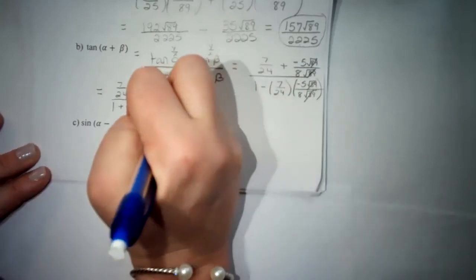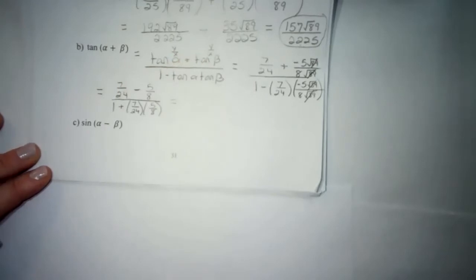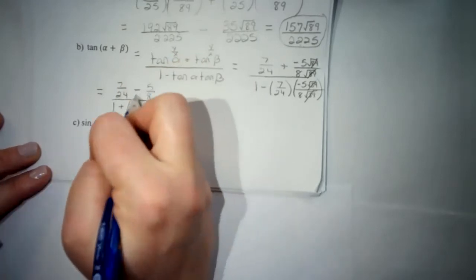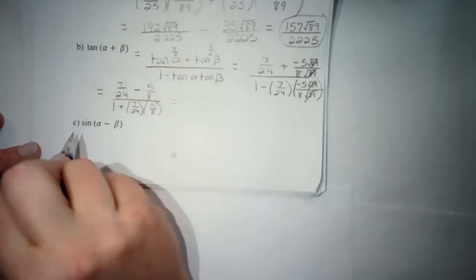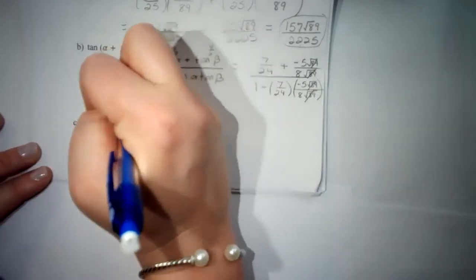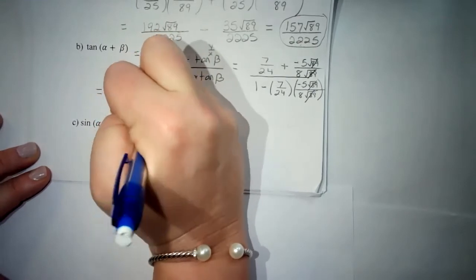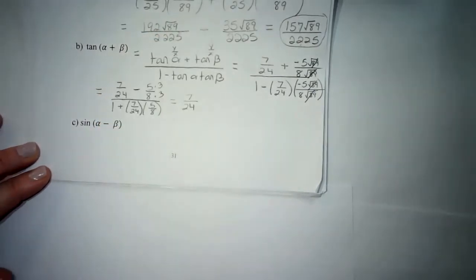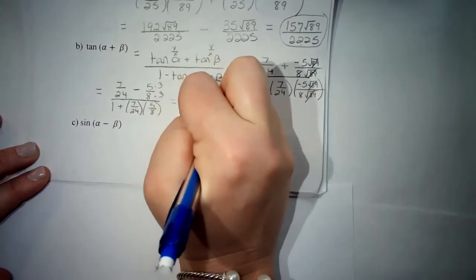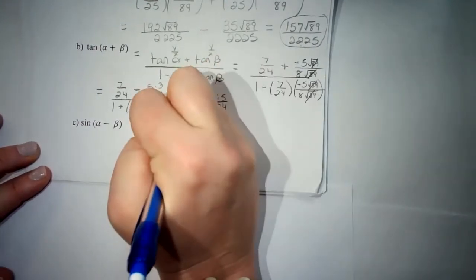Okay, now we need a common denominator for the top. Okay, well, they'll both divide into 24. So let's use 24. Okay, 7/24 is fine. But let's multiply this guy, top and bottom, by 3. That's going to be minus 15/24.